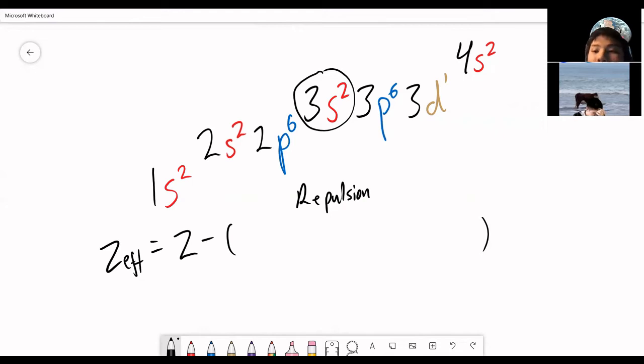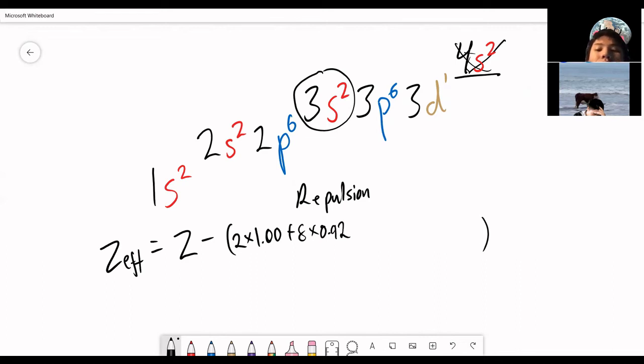So for instance, for the 4s electron, because this is higher than the 3s2, this has a repulsion of 0, so we can ignore this. If we start at the bottom and we look at the 1s2, these electrons are going to have a repulsion of 1.00, and multiply that by 2 electrons means 2. For the 2s2, 2p6, these electrons are going to have a repulsion of 0.92, and we can multiply this by 8 for 8 electrons.